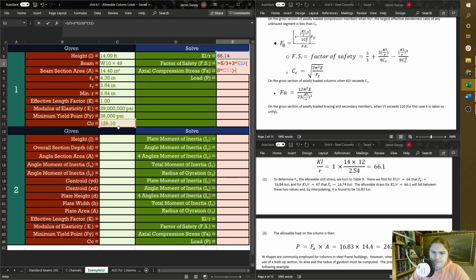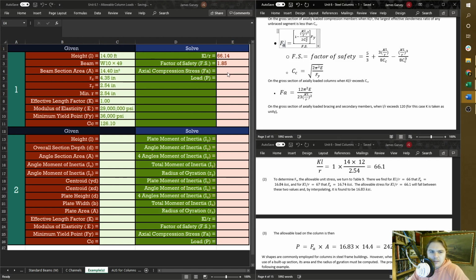Then minus our KL/r cubed divided by 8 times Cc cubed. Yep, and now our next step is to plug that number into this equation up here, and when we're done, it should come out close to what they have here.